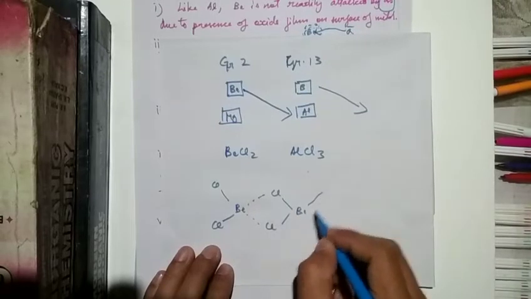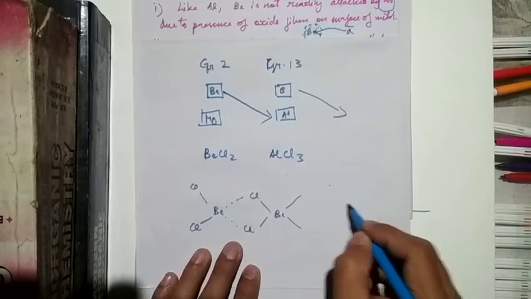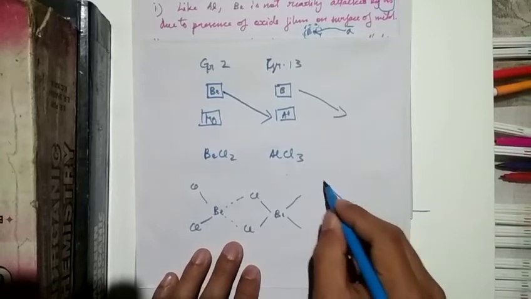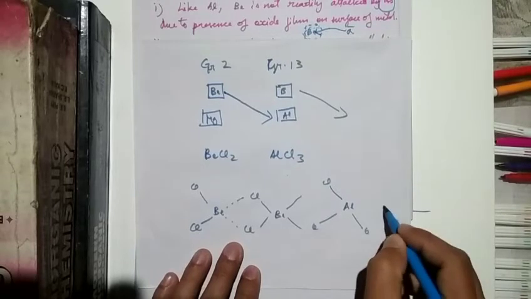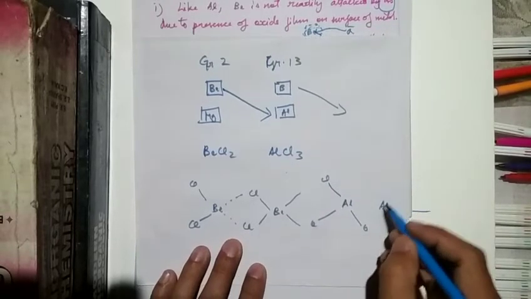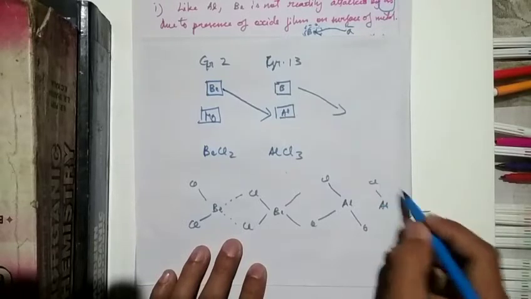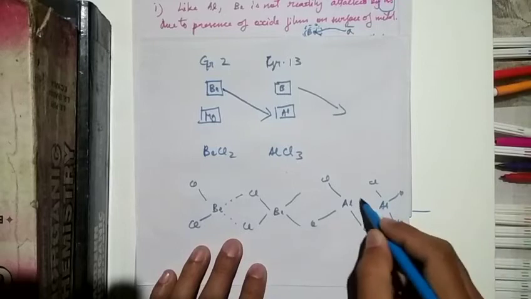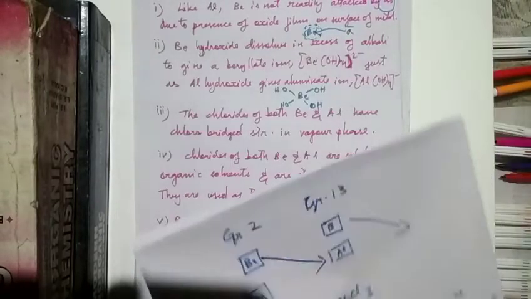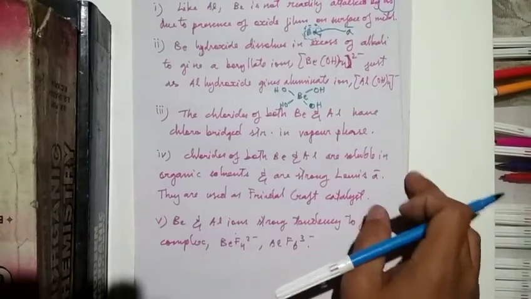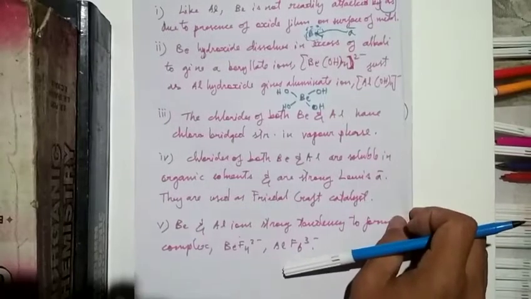And even aluminum will show chloro-bridge structure, and that also in vapor phase. So both show this structure in vapor phase.